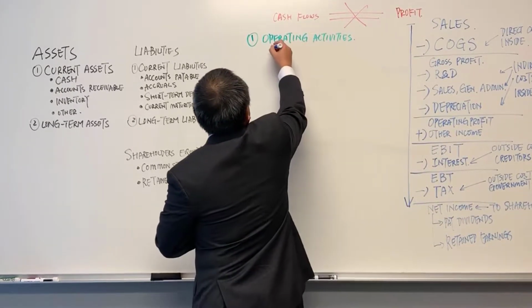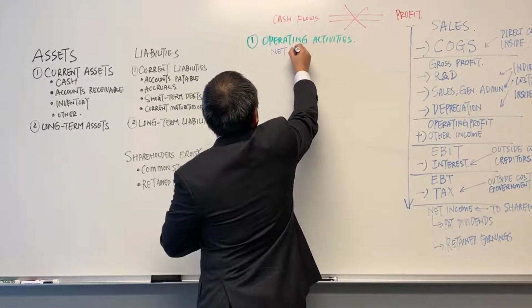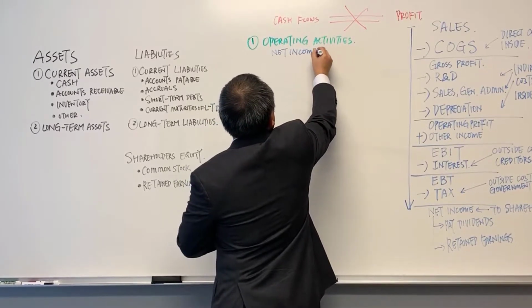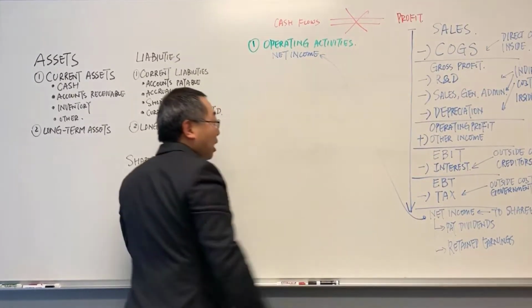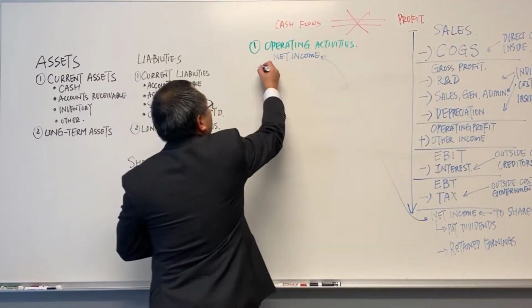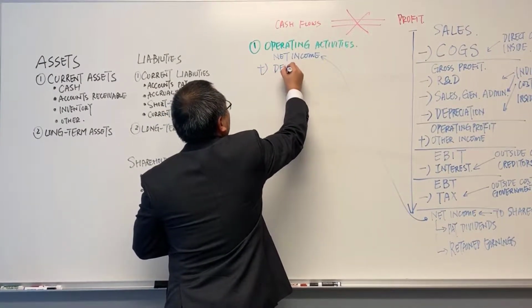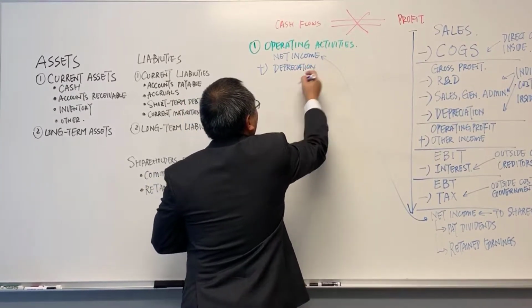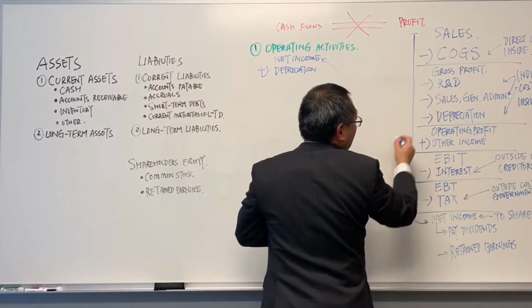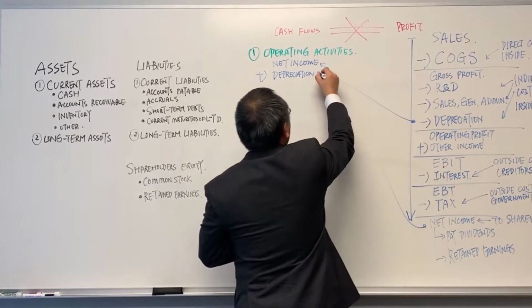We start from net income. I use a blue pen because it comes from the income statement. Add back depreciation. I also use a blue pen because it comes from the income statement.